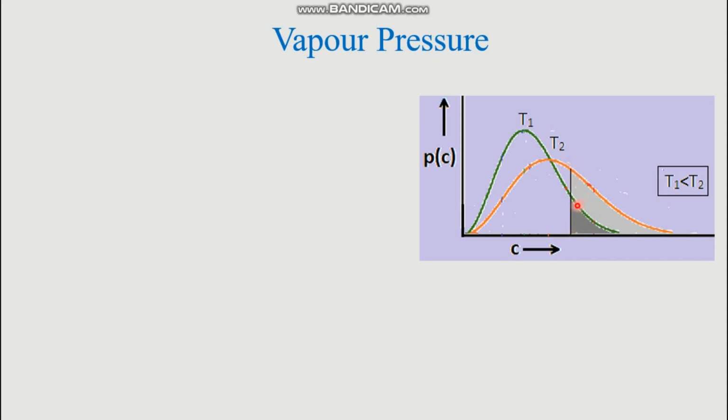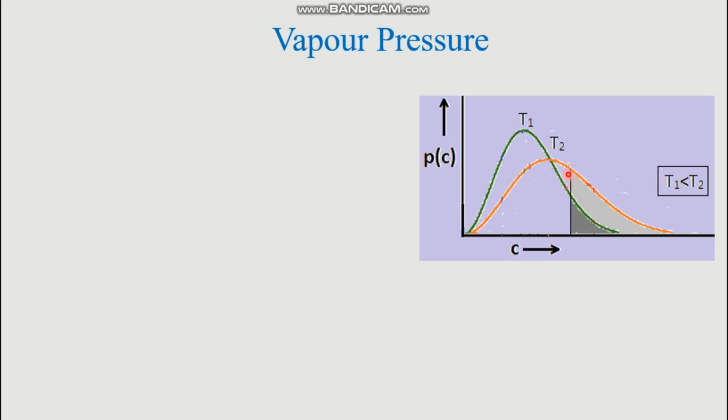So here you find that this is the temperature which is less than this one. So T1 is less than T2. At lower temperature, this shaded area is a little bit less than the shaded area of the higher temperature.